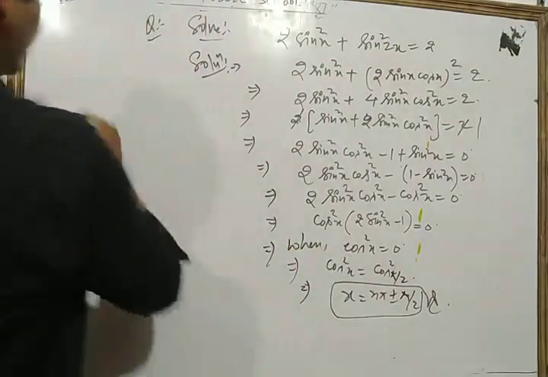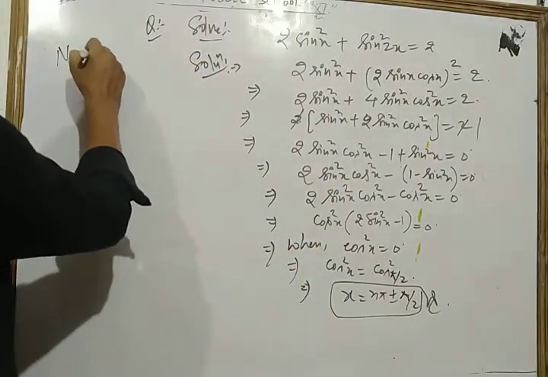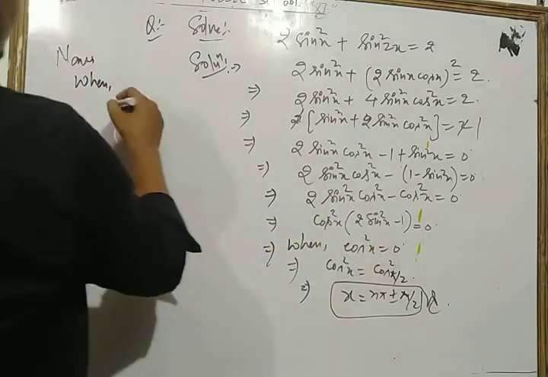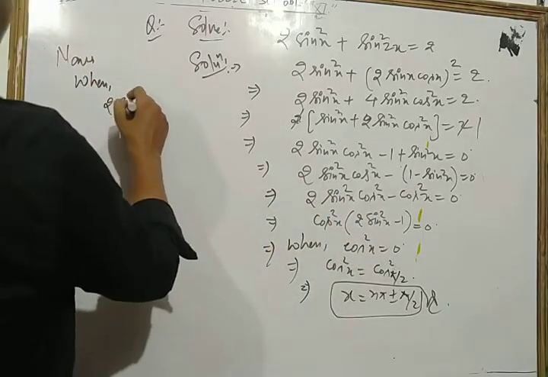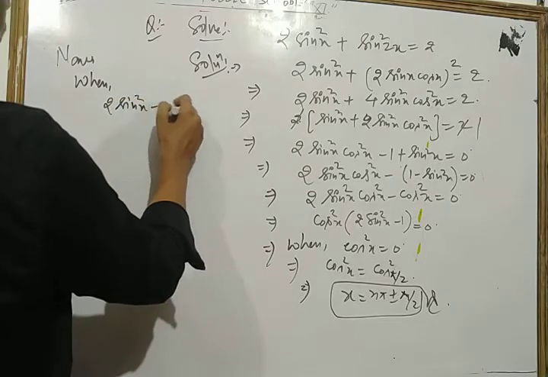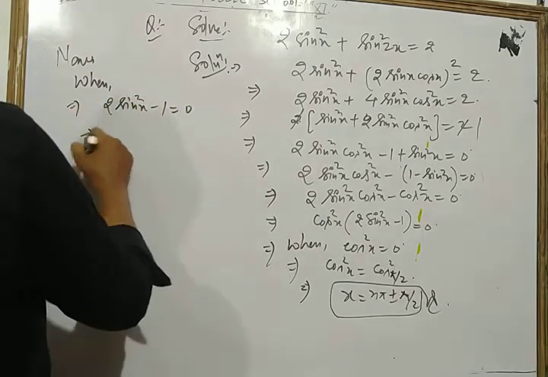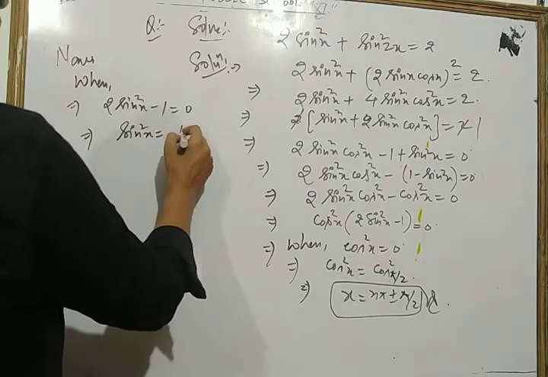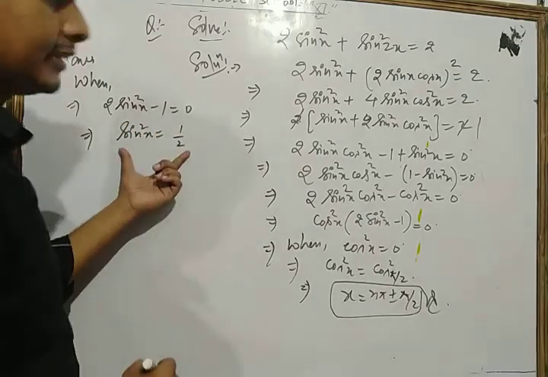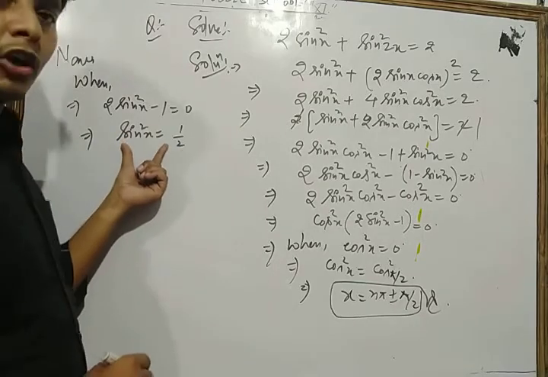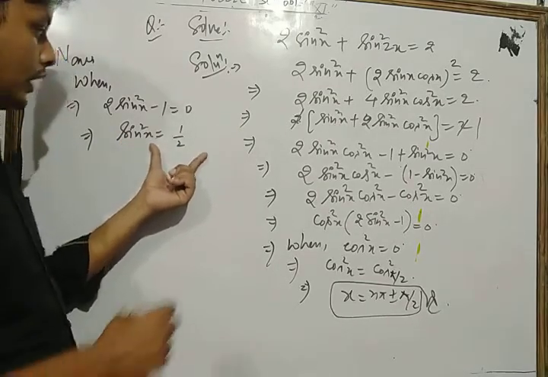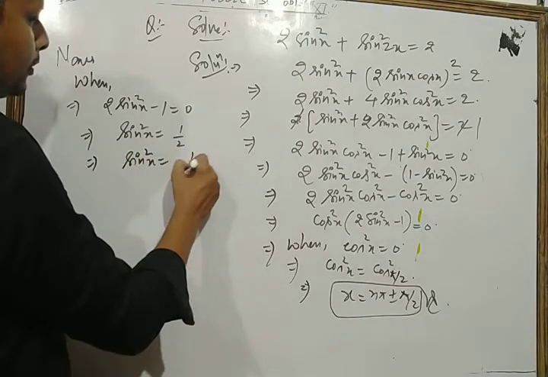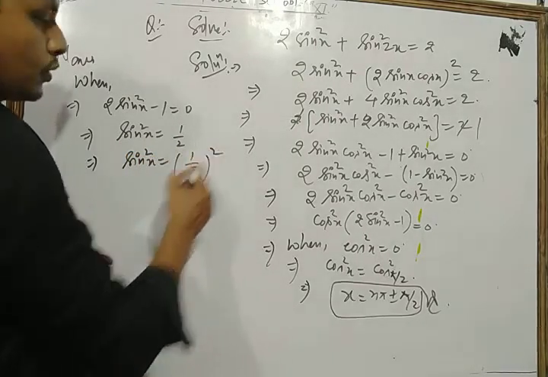Now when we take 2 sin square x minus 1 is equal to 0. Okay, then what we get? Sin square x is equal to 1 by 2 now. And here let's see, we write it in the form of a square. We write sin square x is equal to 1 upon root 2 square.